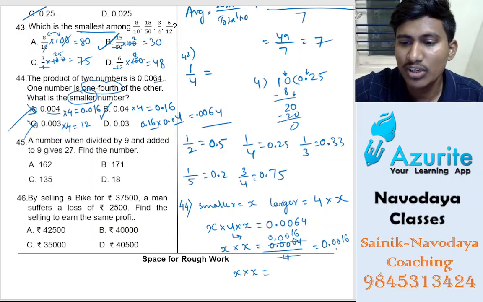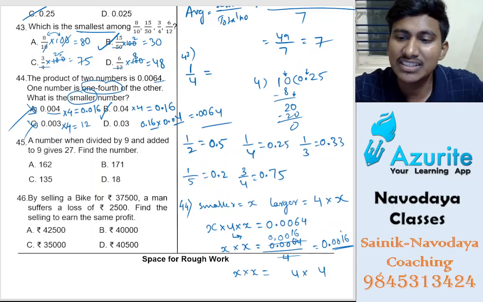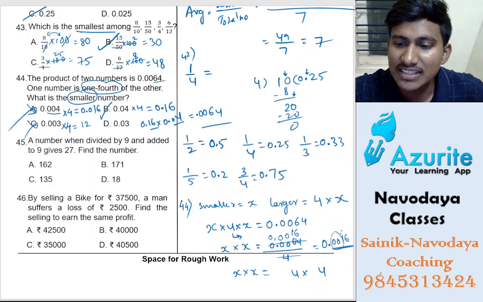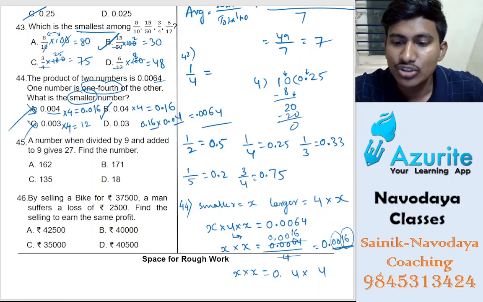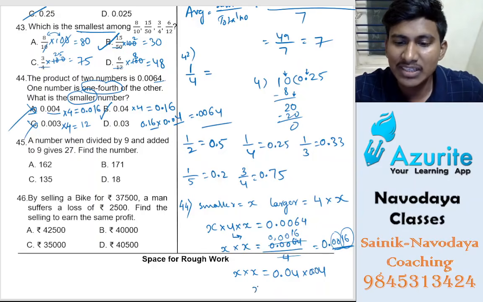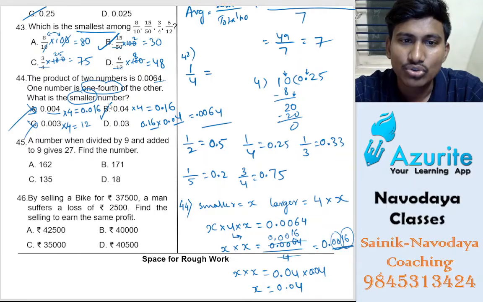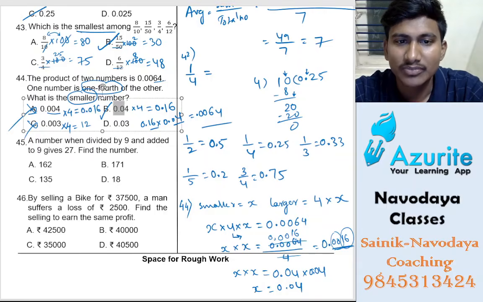So we know 4 4s are 16 will come, right? 4 4s are 16 means there are 4 decimal places. So we have to take 0.04, 0.04. So x will be 0.04. So that is option B here. Understood? So that is how you do it. Okay now?